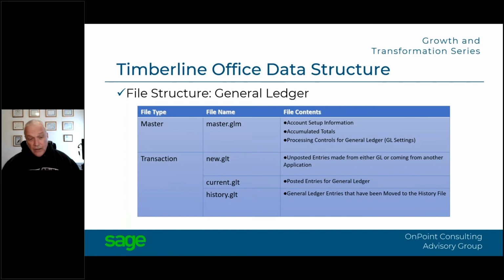And then you start thinking and you ask your users, are we going to want unposted activity? Do you want it so current that you want it whether data is posted or not? If you do, you want the new file as well as the current. And then you're thinking, all right, this especially holds true with job costs or even payroll. Do you want to look at history transactions?